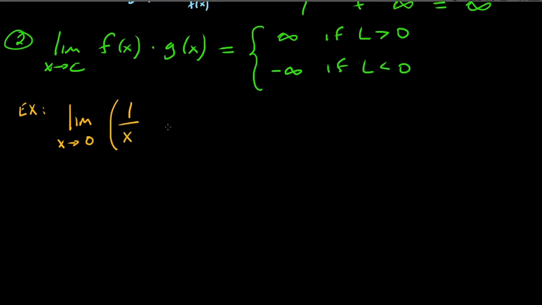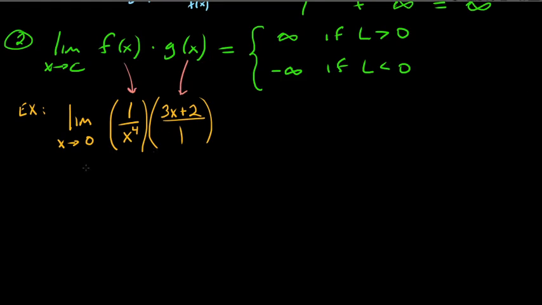It has to be x to the 4th times 3x plus 2 over 1. Okay, so I think this will work, right? This is my f of x here, and this is my g of x.